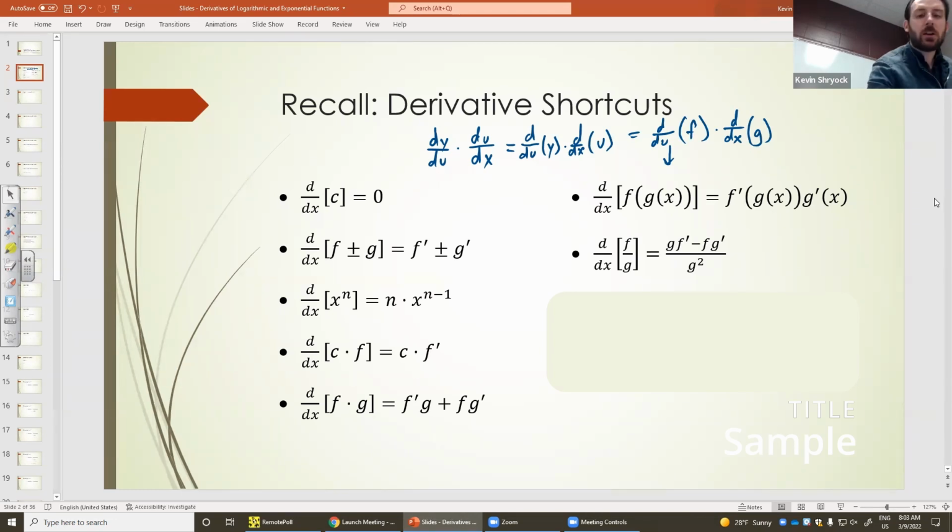And from there, I begin connecting it in that derivative of g is g prime, and derivative of f with respect to u is the derivative of f in terms of u, where u is that middle wheel.